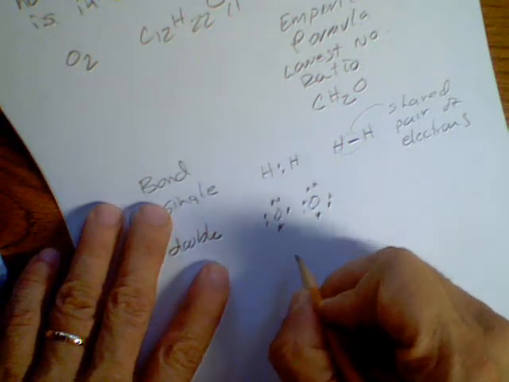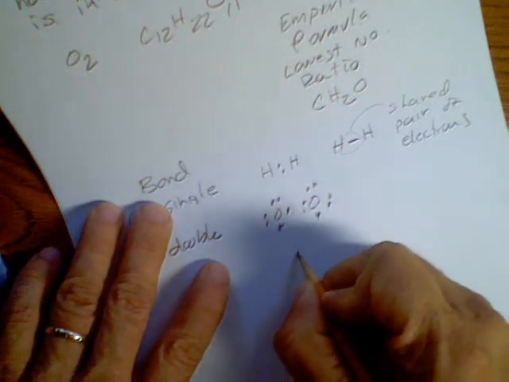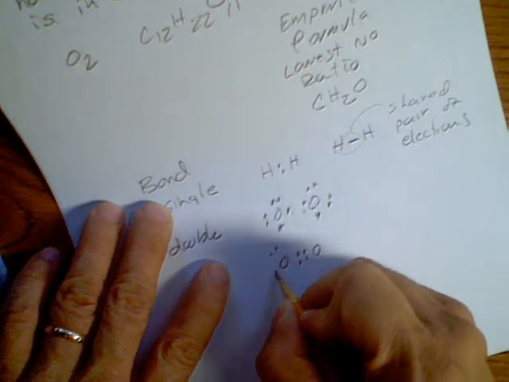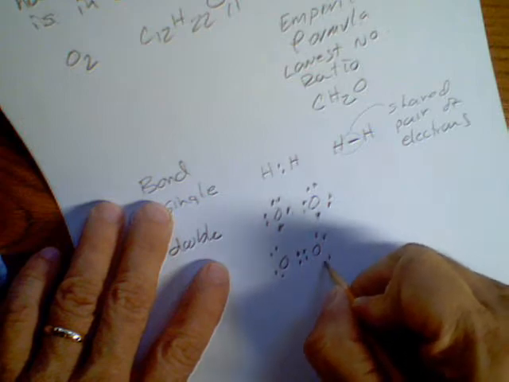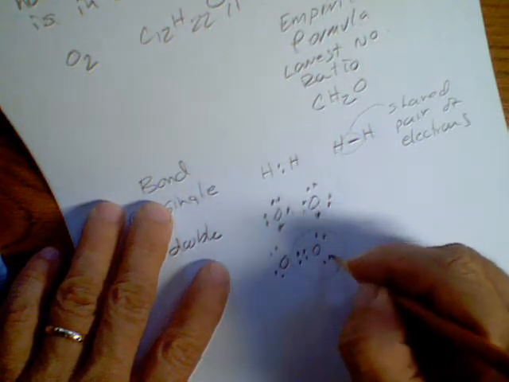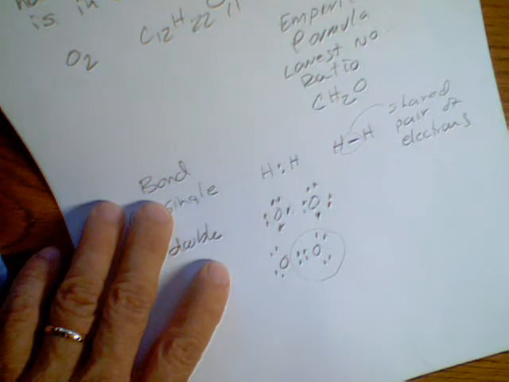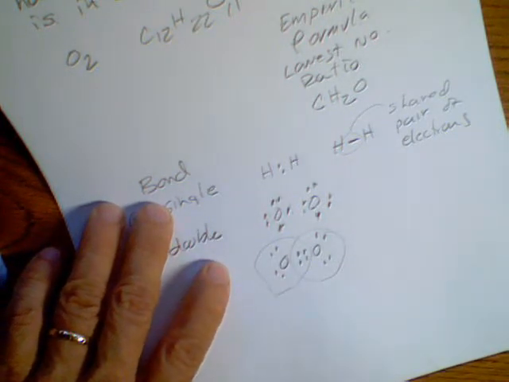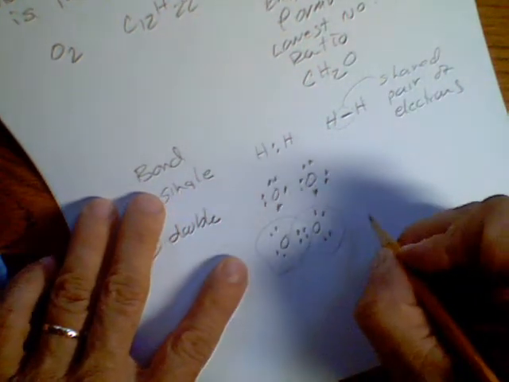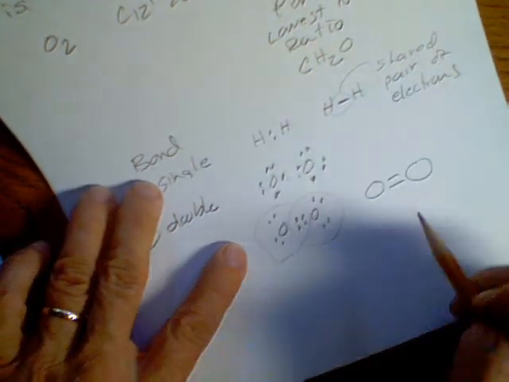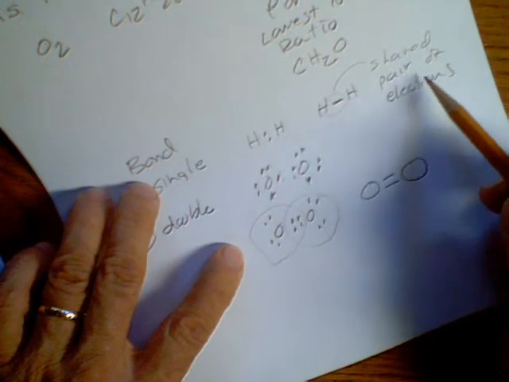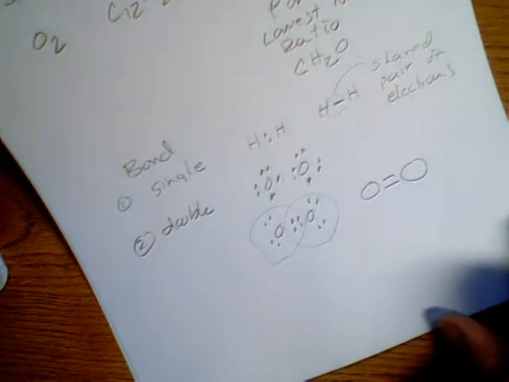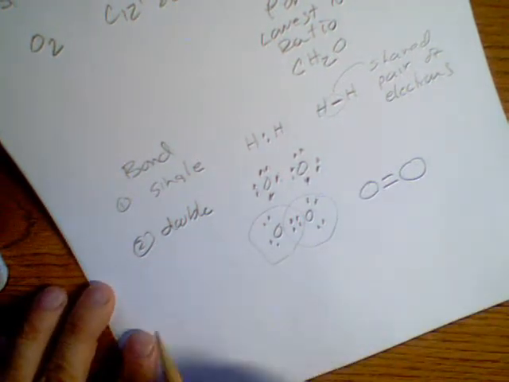So these electrons will arrange themselves so that they begin to share. As you can see, it has 1, 2, 3, 4, 5, 6, 7, 8 electrons, and this one has 8 electrons. And so they're sharing in what we would call a double bond. If 1 dash is a single shared pair of electrons, 2 dashes is 2 pairs of electrons being shared. And that's called a double bond.